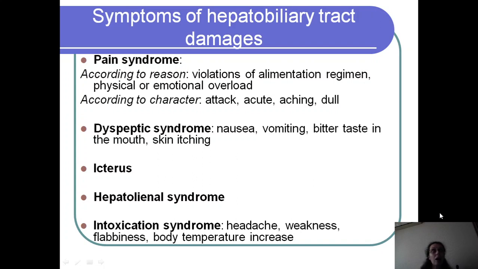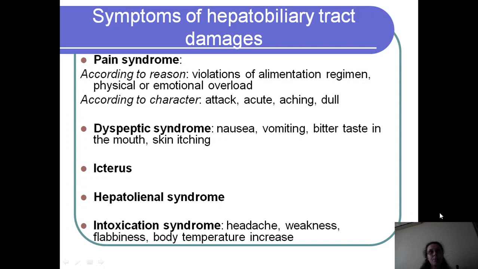So how could we understand it from the characteristics of pain? First of all, spasm in any part of smooth muscles, in any part of our organism, gives us a quite typical clinical picture.